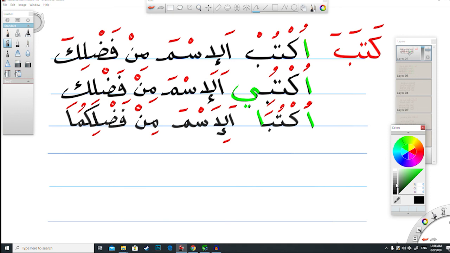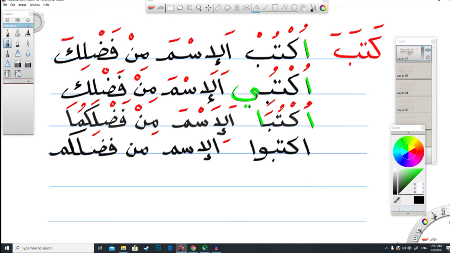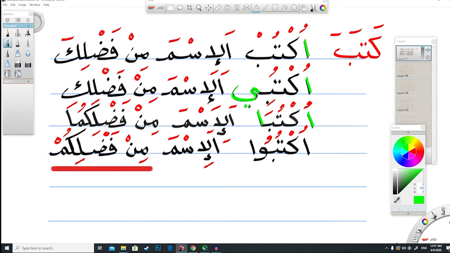Let's move to the next example, and this is for plural masculine. اكتبوا الاسم من فضلكم. You ask a group of men or a group of boys to write the name. اكتبوا, write. اكتبوا الاسم, write the name. من فضلكم, please.